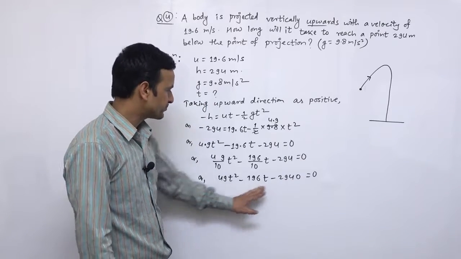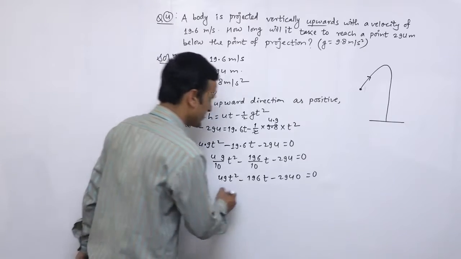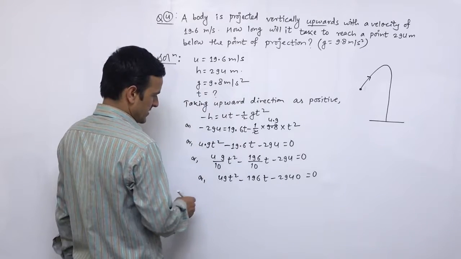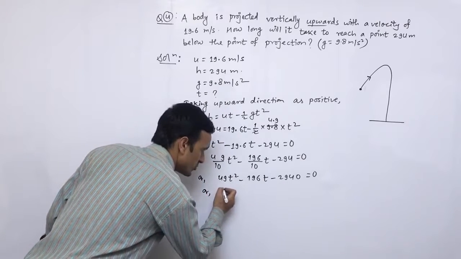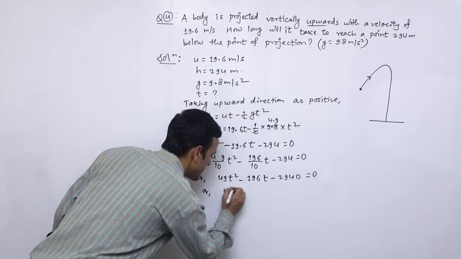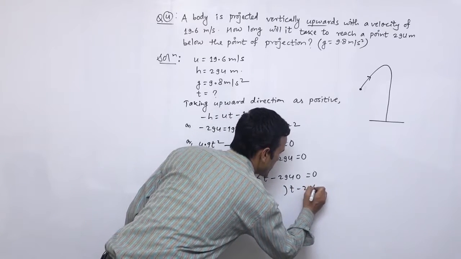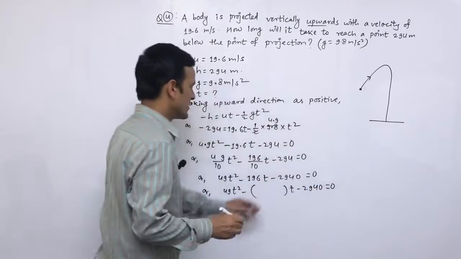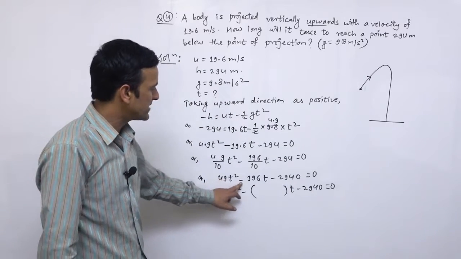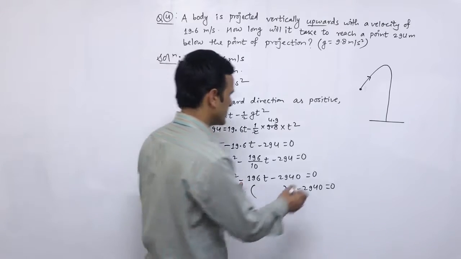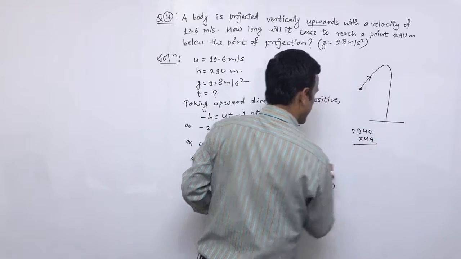Now we can factorize this term. So after factorizing we get two terms over here. So what will be the factorization term? The two terms we can get: 49 t square minus this t minus 2940 is equal to 0. So 2940 into 49. So we have to multiply this one and take the 49 factor.